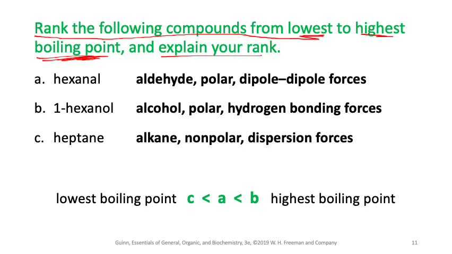So let's talk about all this kind in this problem. So we have 3 compounds: hexanal, 1-hexanol, heptane. So the time I see hexanal, the ending is al, I know this is an aldehyde. The time I see 1-hexanol, if you remember, ol represents alcohol. So this is an alcohol.